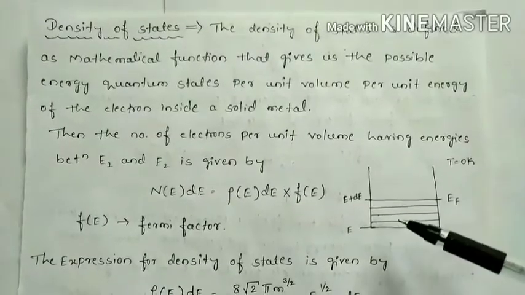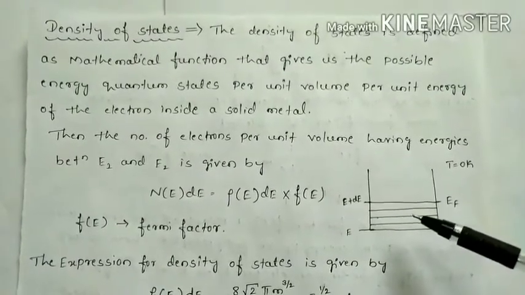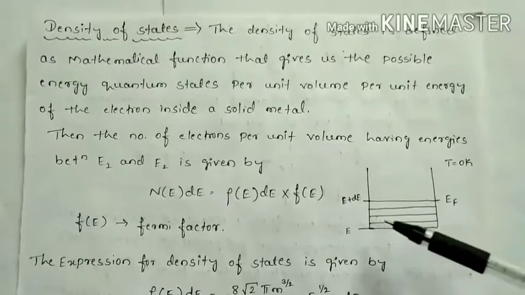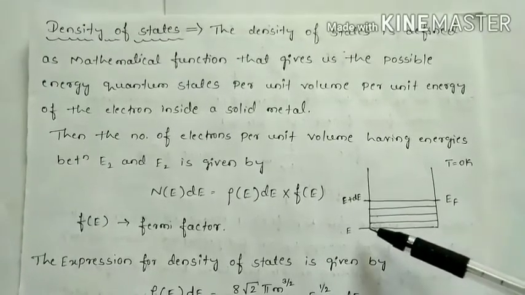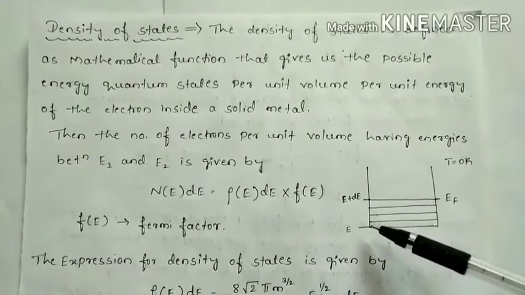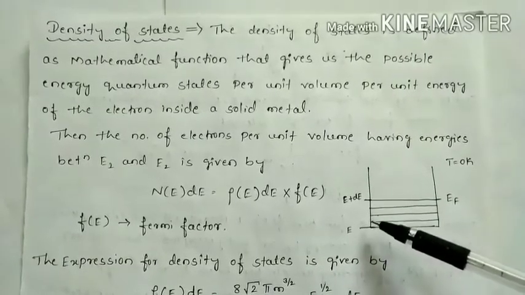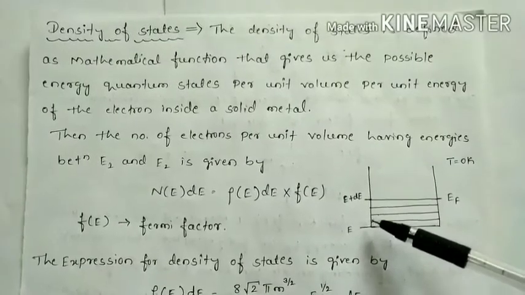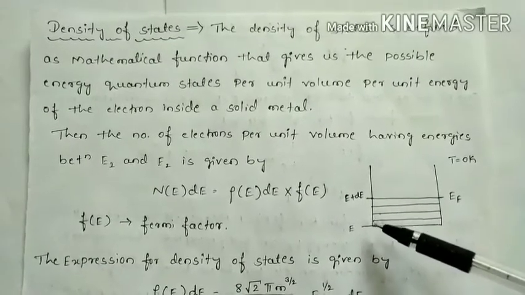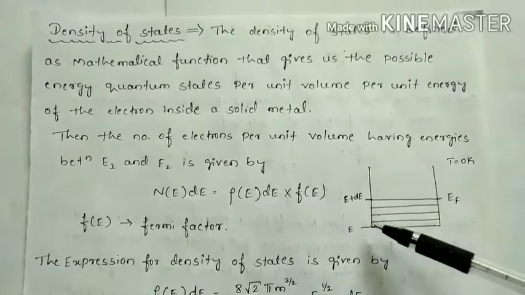Now the density of states is nothing but the energy levels or the density of the states between this energy level and this energy level. A small unit energy, and we are going to see how many number of density of states are there.